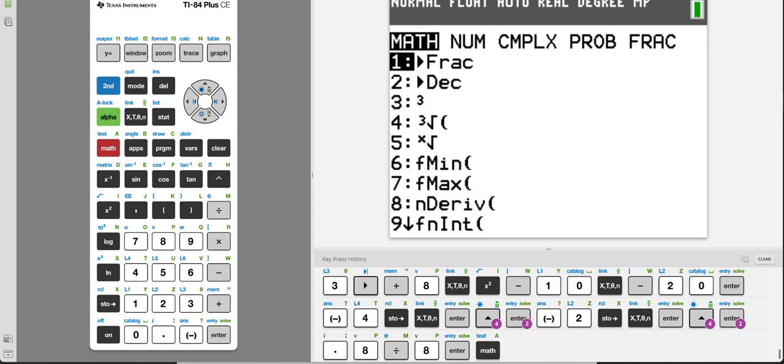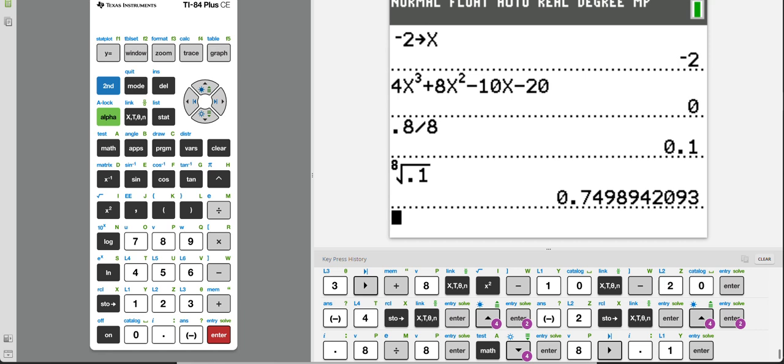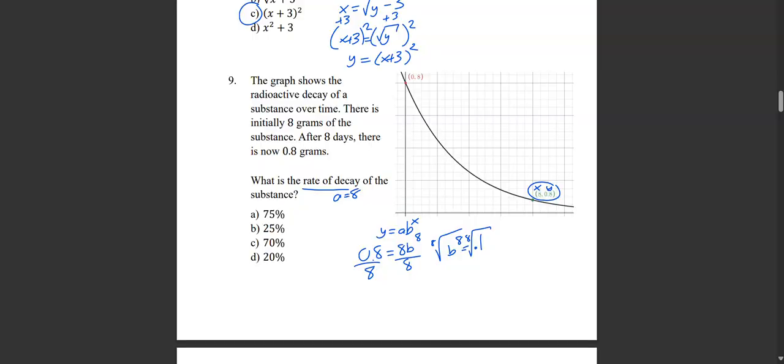So let's go into math. I'm going to need that kind of root. I can plug in an 8. The eighth root of 0.1 is 0.749, which is going to be around 0.75. And a lot of people are going to jump the gun and say that it's got to be A because it's 75% decay, but you have to be careful.